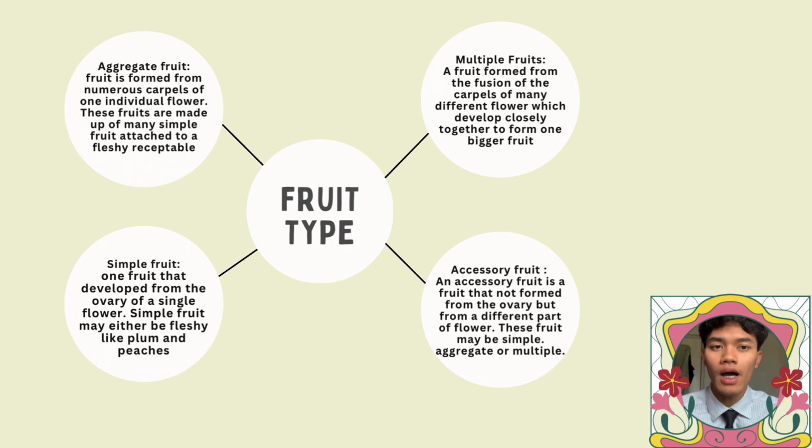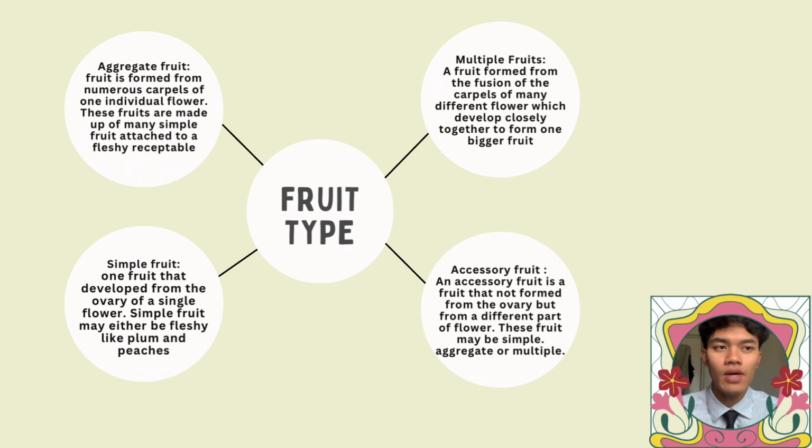These fruits are made up of many simple fruits attached to a fleshy receptacle. Second, a simple fruit is one fruit that developed from the ovary of a single flower, and simple fruit may be fleshy, like plum and peach, for example.